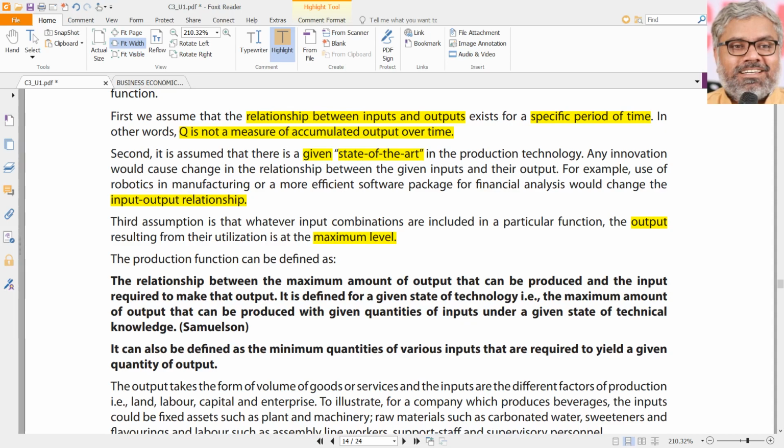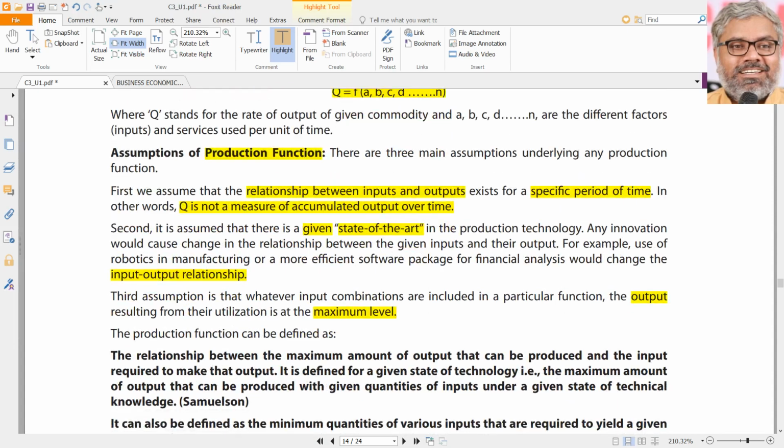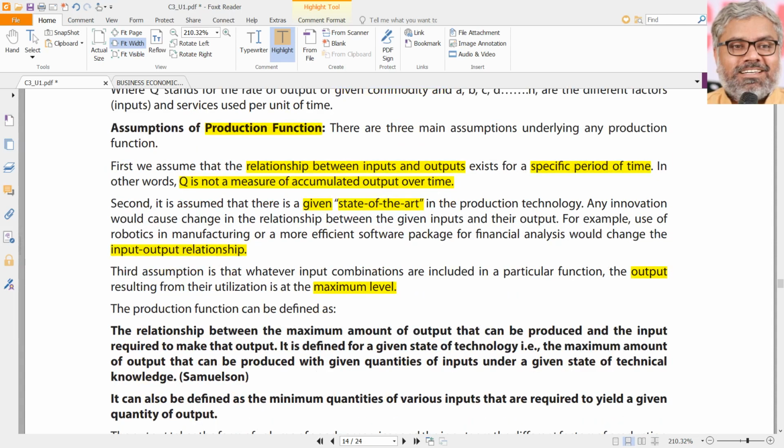Whatever the combination might be within the production function of the inputs, ultimately the output resulting from their utilization is always going to be at the maximum level. It's an assumption once again, not reality. Same way technology also will not change. It's not a reality. But in order to have a valid production function, these three assumptions will have to be always made.